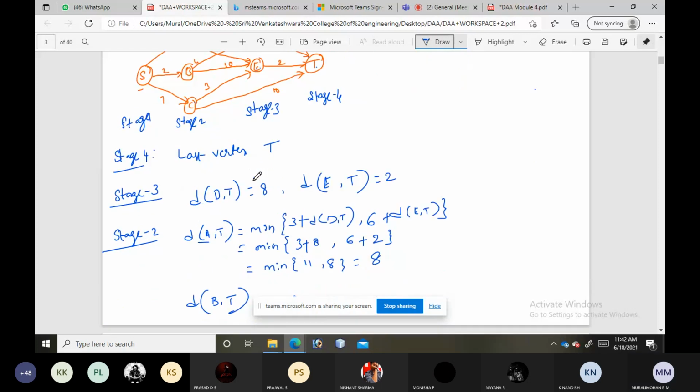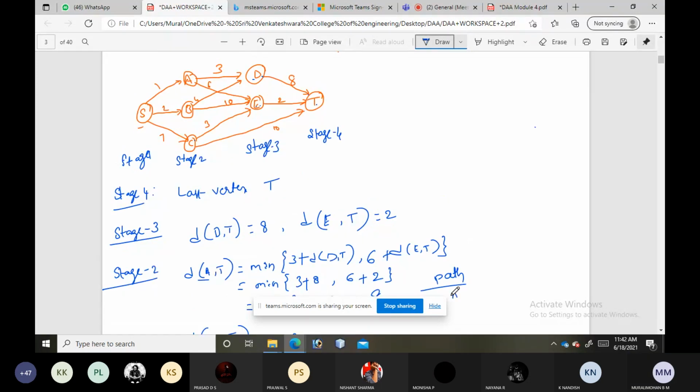Here you are finding the minimum path from A to T. Can you write the path here? That is a path A to T. In which path you are getting the shortest distance? 8. That is A to E, next E to T. Okay.